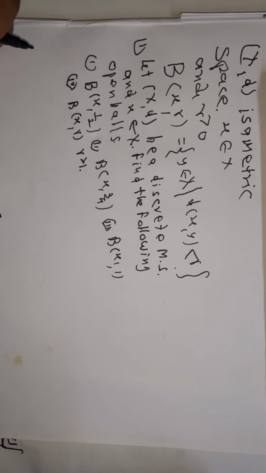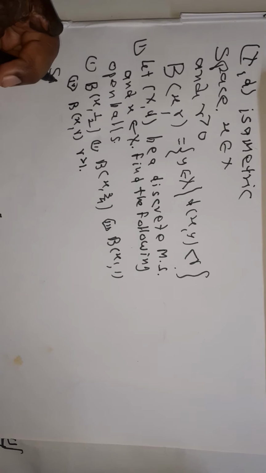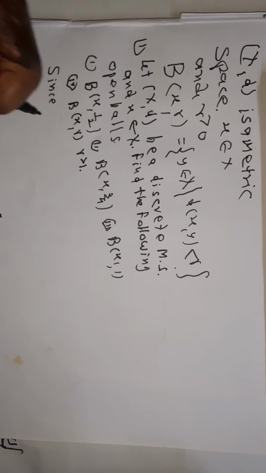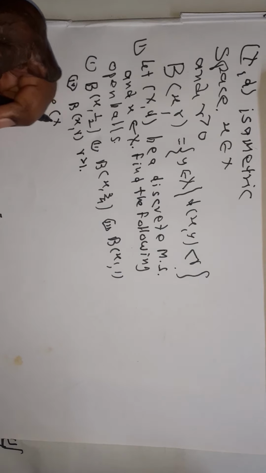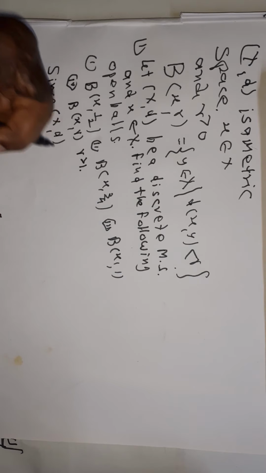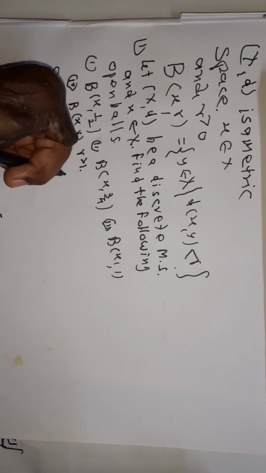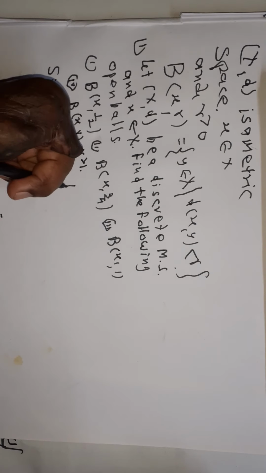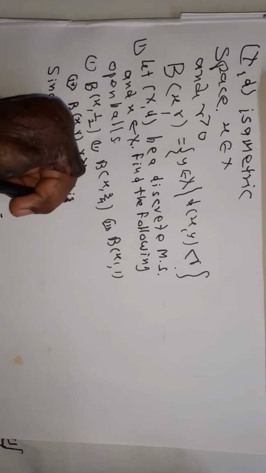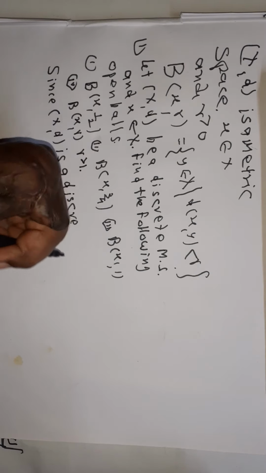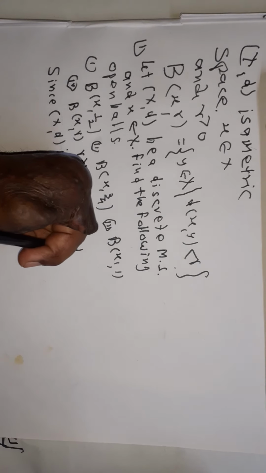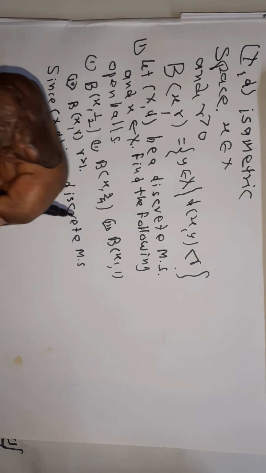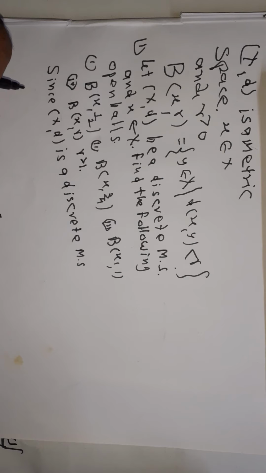Now see here, (X, d) is a discrete metric space. Therefore, there are only two values of distances.